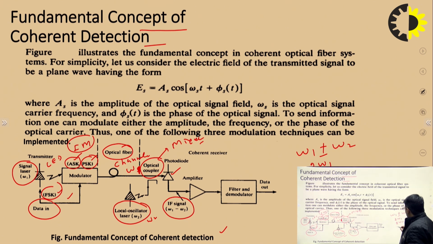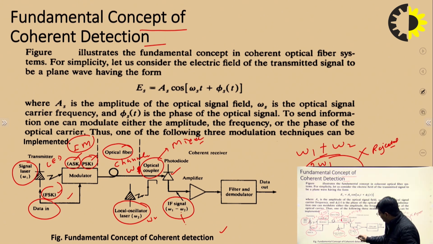If not the same, then we can have W1 plus W2, and W1 minus W2. Now all these three signals are beyond the bandwidth handling capability of the photodiode. That's why these signals are rejected, and only W1 minus W2 is allowed, which is the intermediate frequency signal. So here we get WIF.